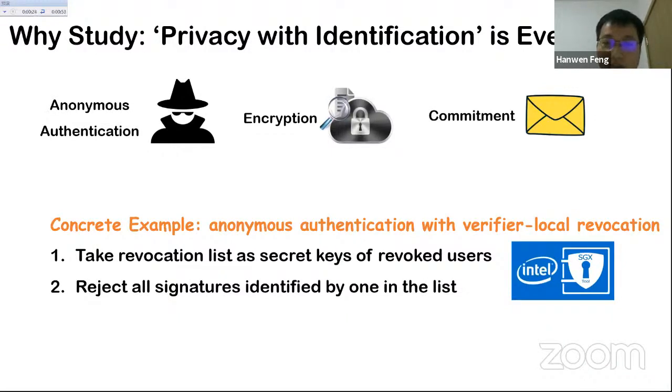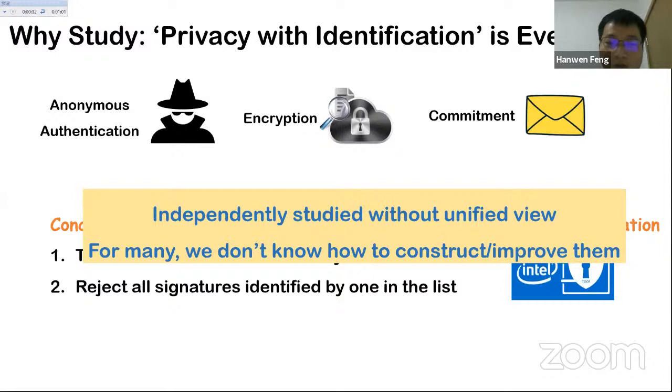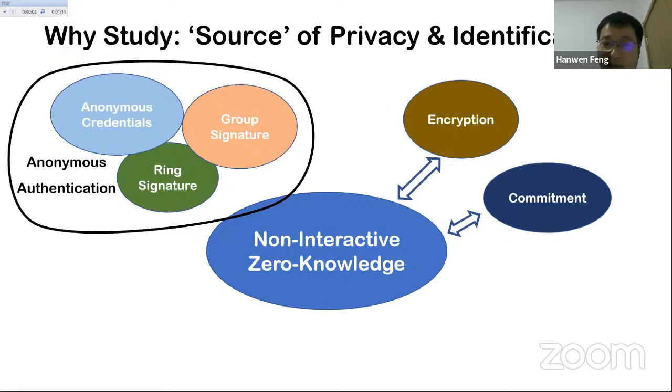This primitive is useful for remote attestation in trusted computing. Beyond that, this identification is also useful for encryption and commitments to enable advanced features. However, they were independently studied without a unified view, and for many, we still don't know how to construct or improve them. We notice NIZK is actually a source of privacy.